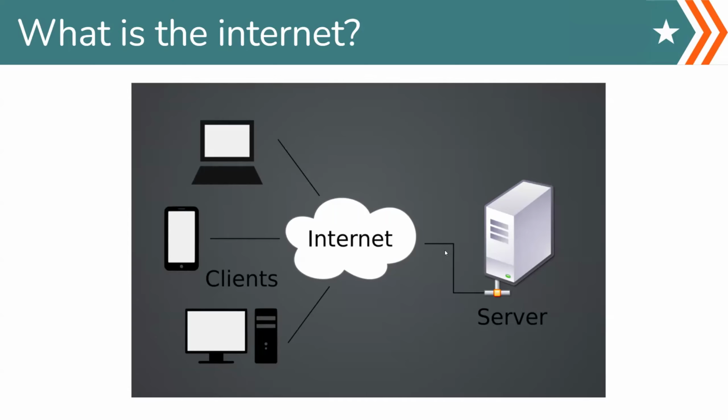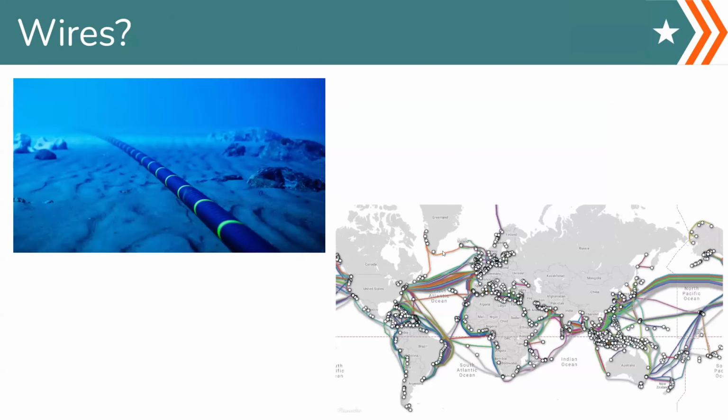It is a bunch of servers connected with nothing but wires, a large network of wires, just like Tony said. I don't know how accurate this map is, but it looks something similar to this. Wires of all types going all over the world, even undersea cables like you see here, connecting all these different servers together.